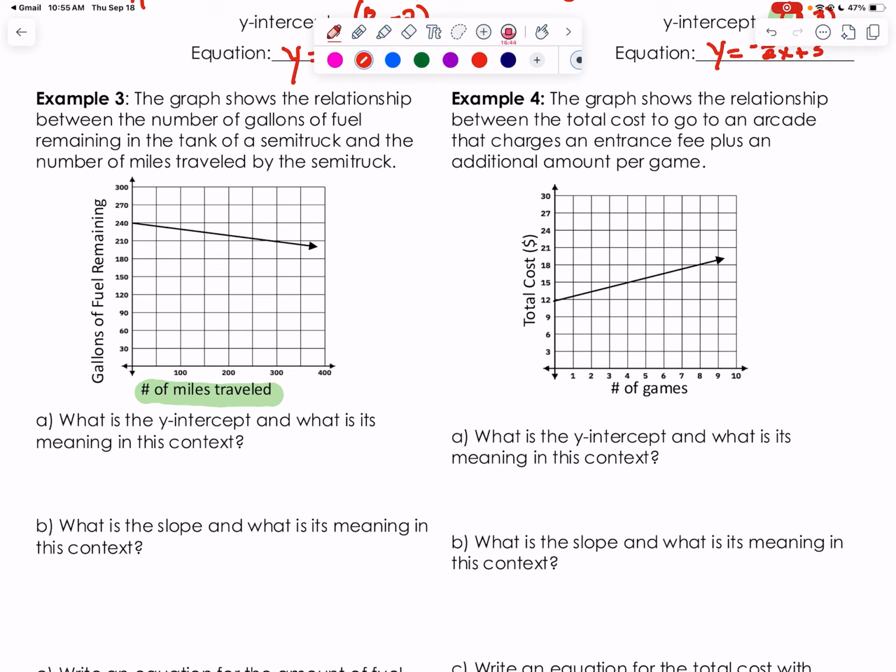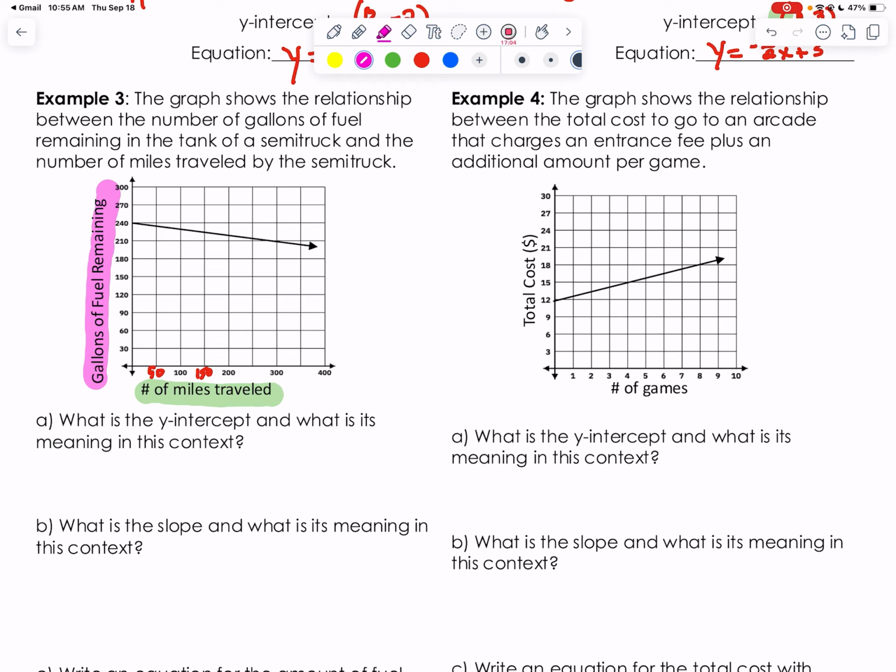So it looks like this is 50, 100, 150, 200, and so on. And then on the y-axis, we have the gallons of fuel remaining, and it's being scaled by 30s.